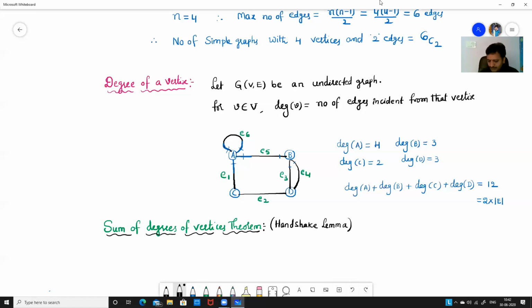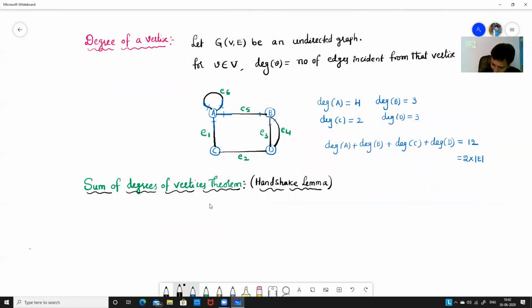Handshake lemma. So it says that the sum of degrees of all vertices must be equal to, summation i runs from 1 to n, degree of all vertices must be equal to 2 times the number of edges. Okay. That's the sum of degrees of vertices theorem. Clear? So why is it 2 times the number of edges?